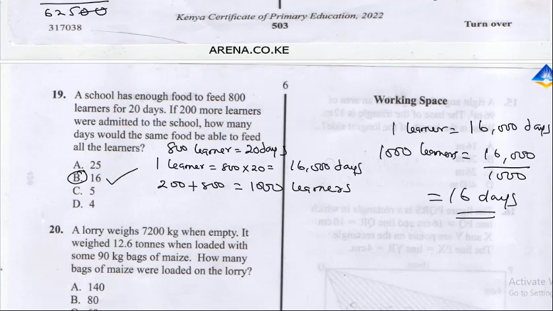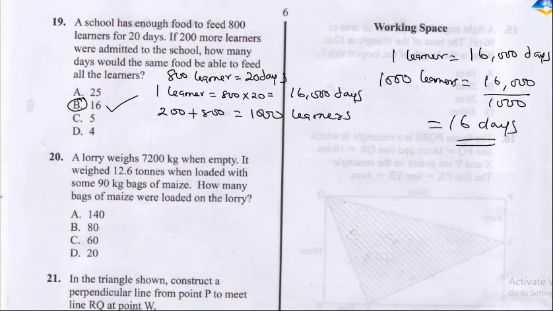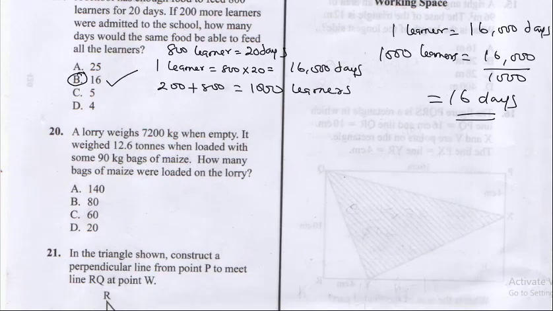Question 20 says a lorry weighs 7,200 kg when empty. It weighed 12.6 tons when loaded with some 90 kg bags of maize. How many bags of maize were loaded on the lorry?